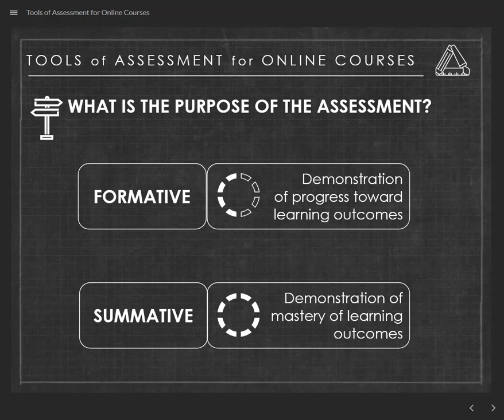So again, is it somehow related back to the learning outcomes, which is what we have here for the formative and the summative, right? They are demonstrating progress of the learning outcomes or learning objectives, or they're demonstrating mastery of the learning objectives. And then we think about, is it appropriate for the level of the course content, or is it unrelated to the course content, or outside of the level?